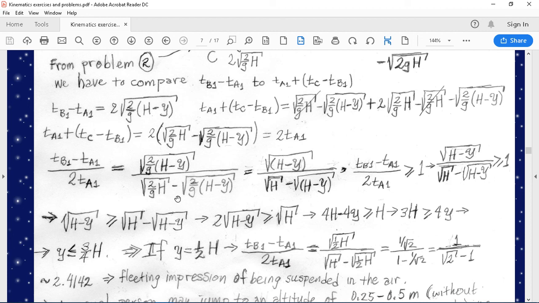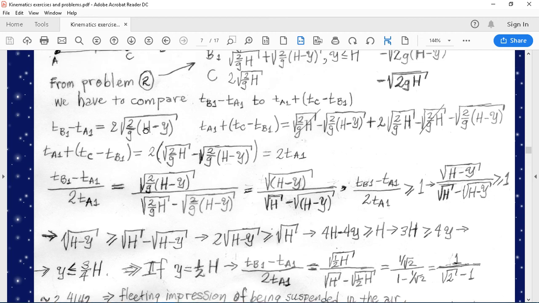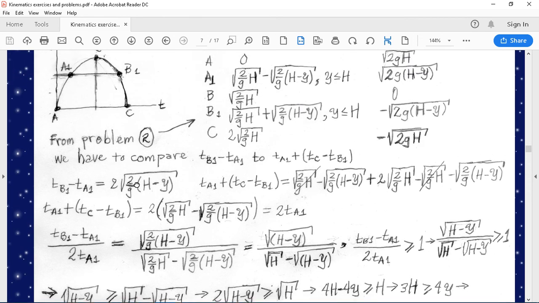Okay, so tB1 minus tA1 is this, which is this minus this, and we make the comparison.